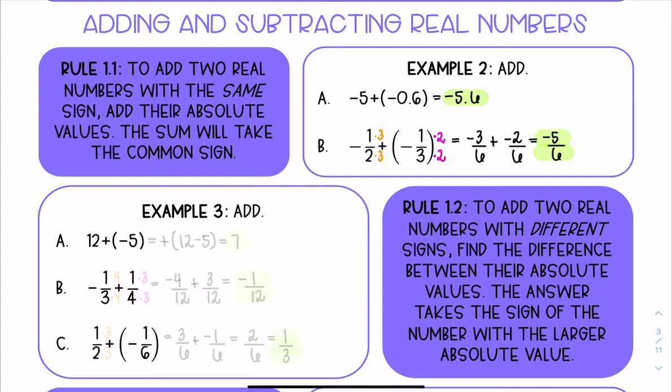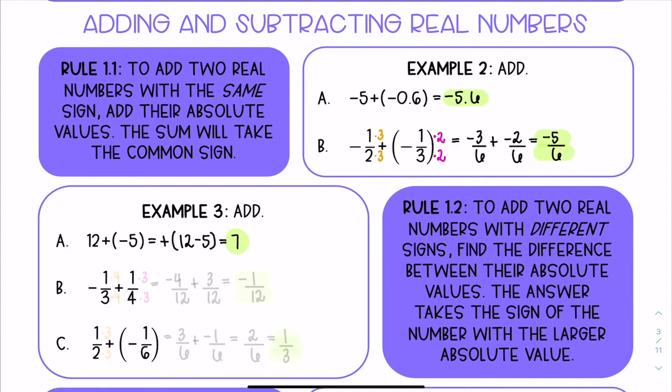So let's go ahead and try that with 12 plus -5. Well, because 12 is bigger than 5, that means our answer is going to be positive. And then we want to take the difference. So 12 minus 5 is just going to give me a positive 7.